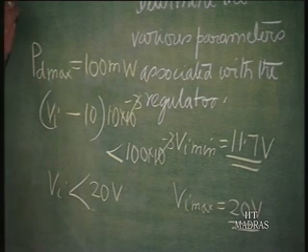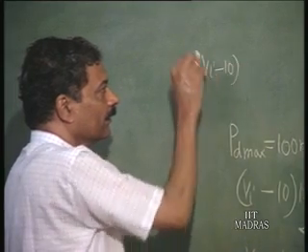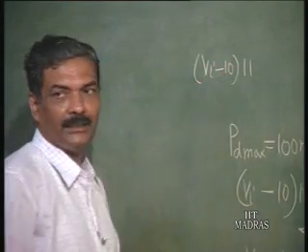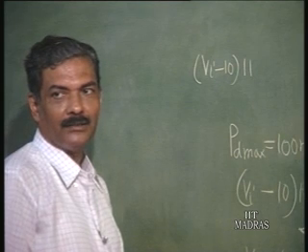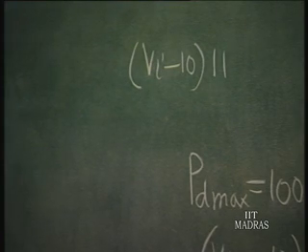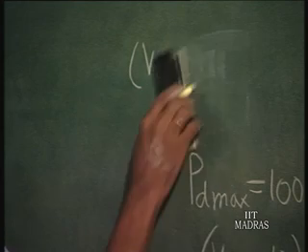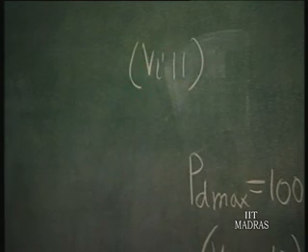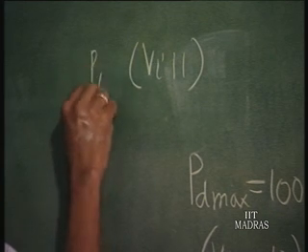So, V I minus 10 into 11 milliamperes is the sort of power dissipated, or actually V I into 11 milliamperes is the power input. This is the power input.